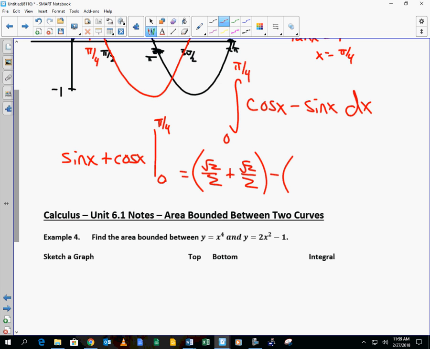Minus, a lot of people see the 0 and they're just like, well, it'll be 0. No. Sine of 0, cosine of 0. And so we get, what's the root of 2 over 2 plus the root of 2 over 2? That's the exact answer. Just pretty cool.